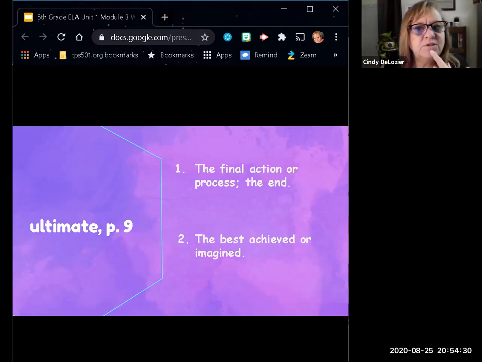By using the clues in the text as we read, I want you to identify which meaning is intended for ultimate. Remember, we will be looking for the vocabulary words, but we will also be identifying specific details to help us understand as well as compare and contrast relationships between the characters.